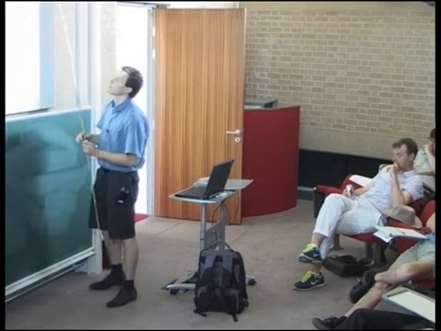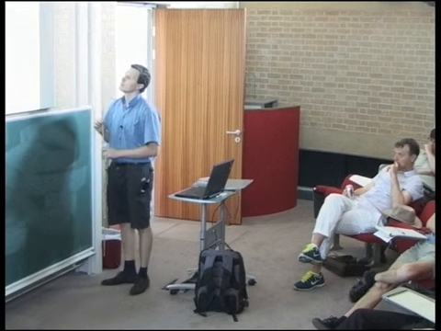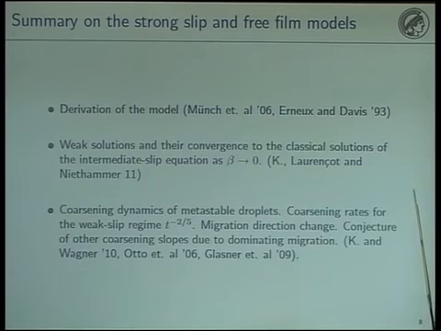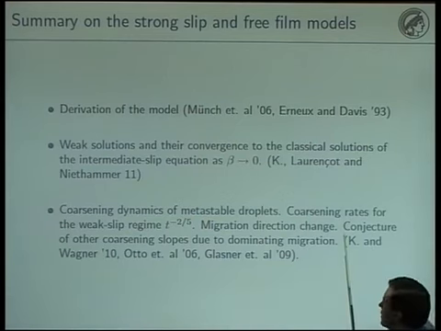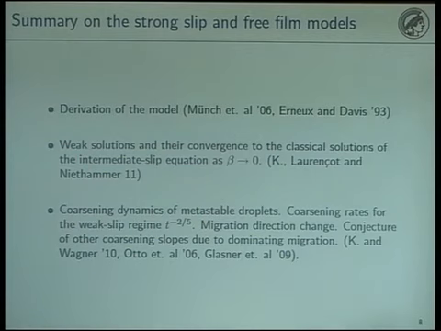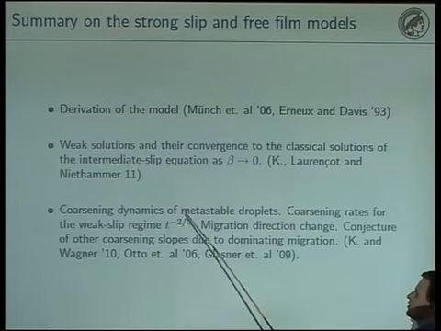Okay, and returning to the coarsening dynamics, as I said, after showing existence of stationary solutions, we looked at the coarsening dynamics and compared it with the coarsening dynamics known for the weak slip regime and no slip regime. It is well known since the works of Glasner, Witelski, Pismen and Thiele that the coarsening slope is given in a weak slip model by t to the power minus 2/5.